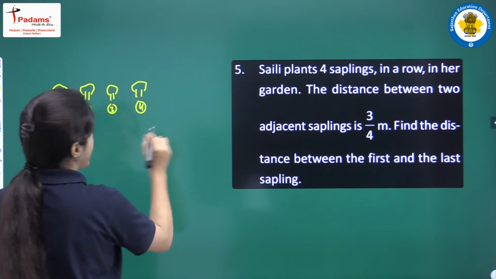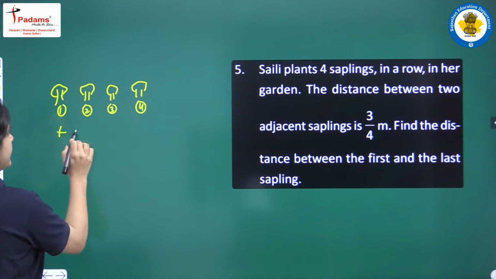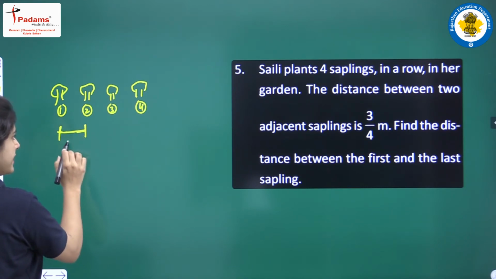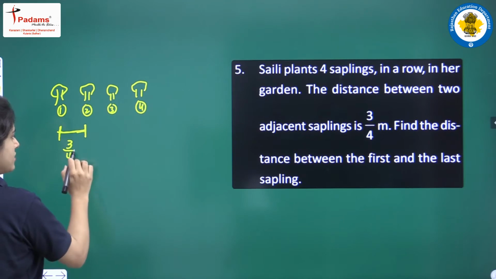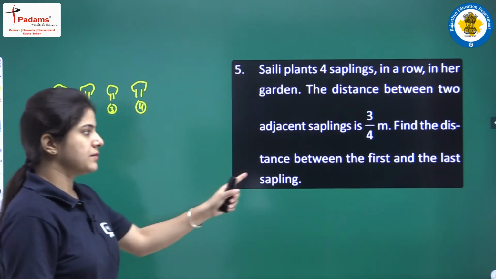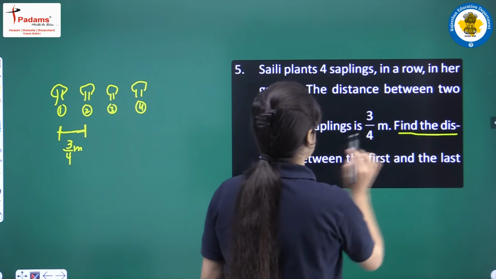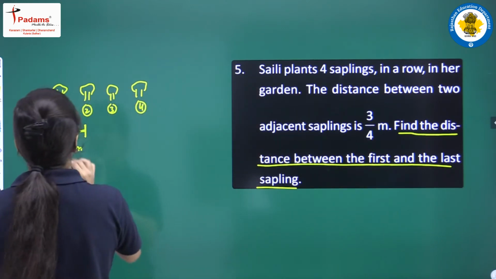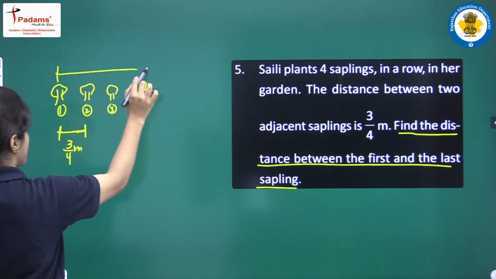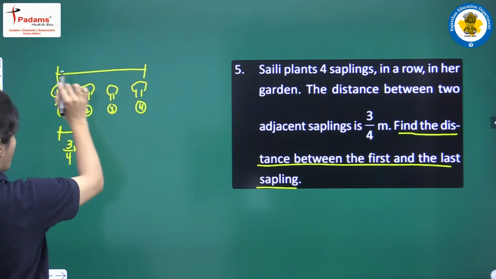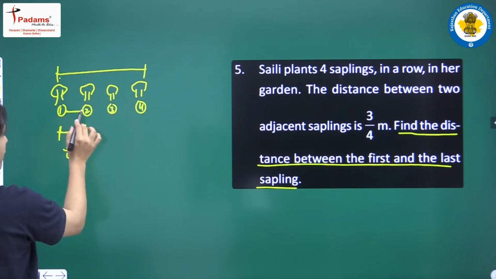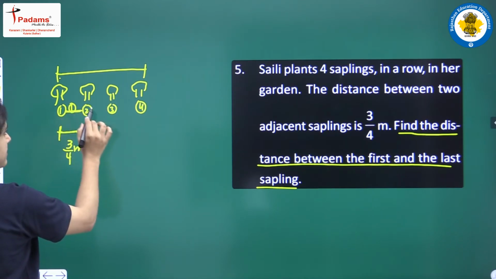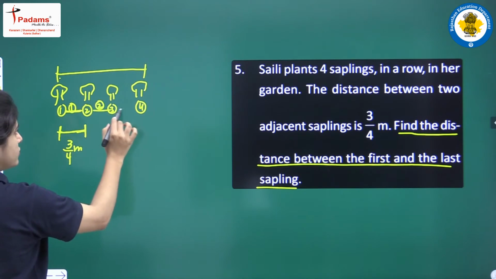The distance between 2 adjacent saplings is 3 upon 4 meter, and the question is demanding that we find the distance between the last and the first sapling. So you have to find the distance between these two, which is the gap of 1 sapling, gap of 2 saplings and gap of 3 saplings.